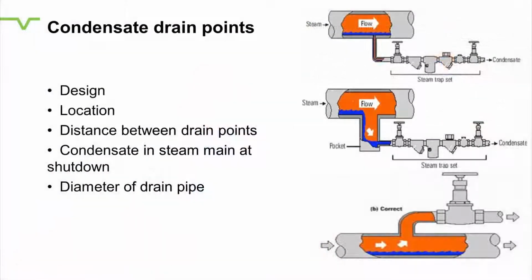Condensate drains. As I said to you before, water hammer can be a real problem. You'll always get condensate building up in steam lines. Steam can run along a line at 20 metres per second sometimes, or even more. So you've got steam flying along a line and you've got water sitting at the bottom of that line. It gets whipped up, carried along the line, it finds the first control valve.